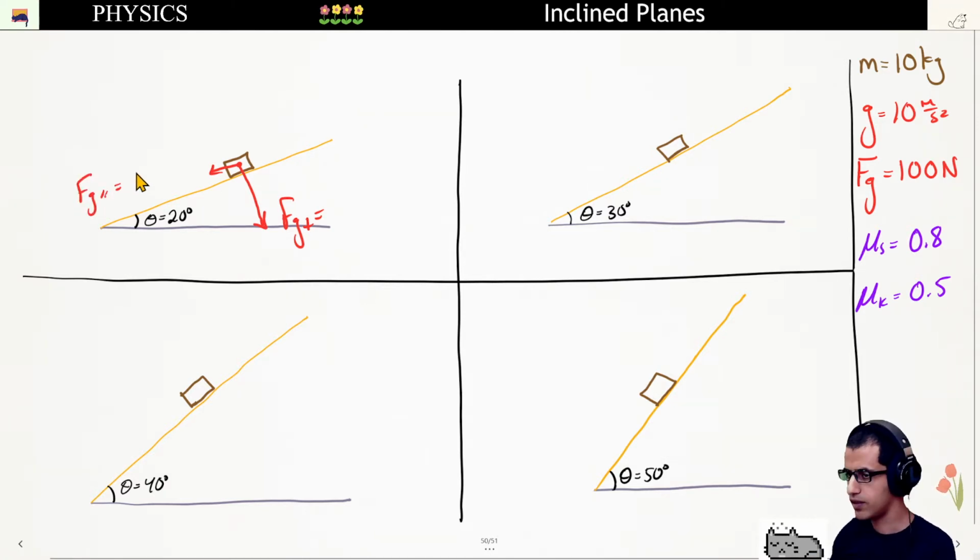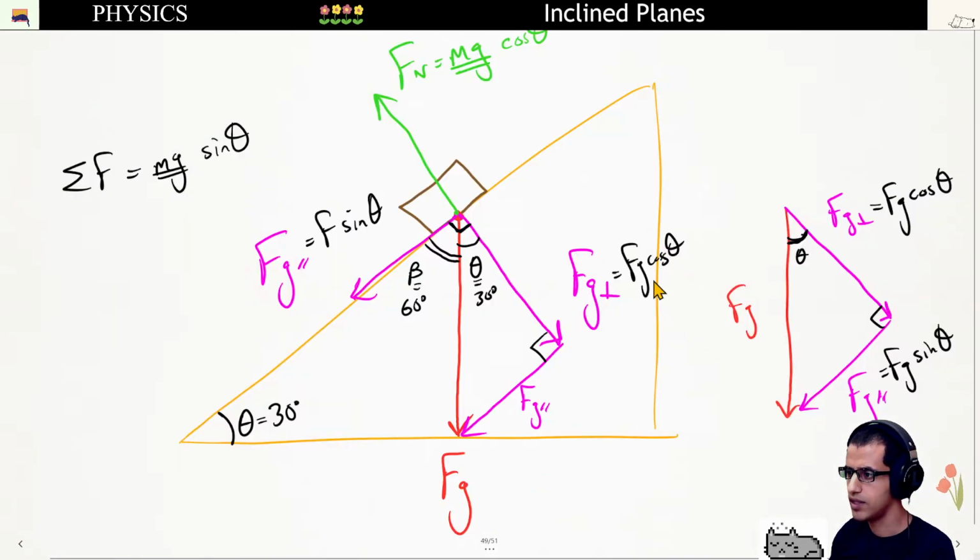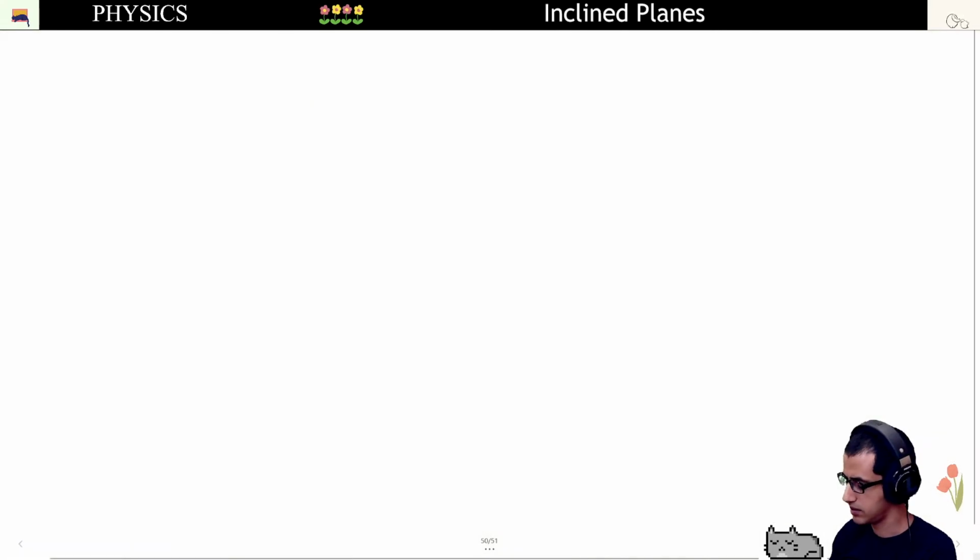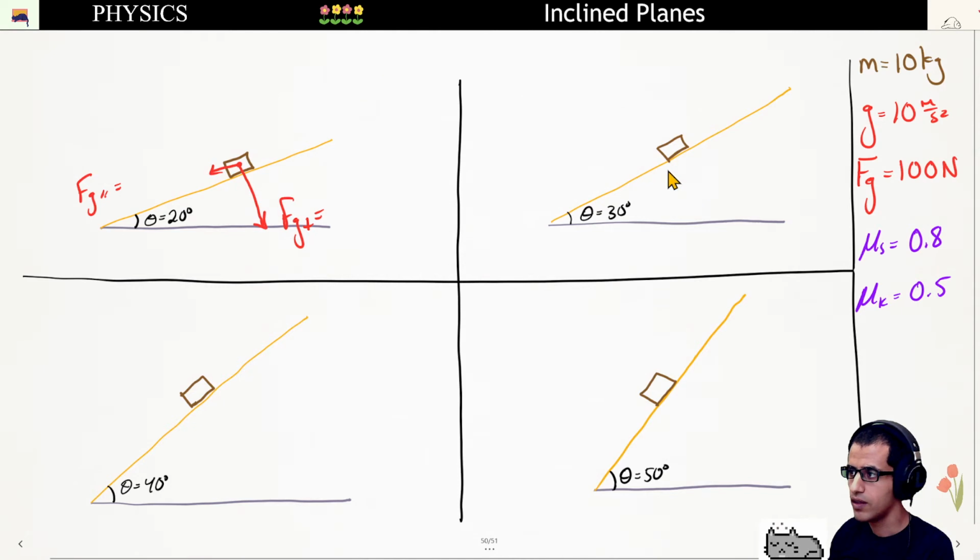And I can solve for those using my calculator. We saw before that FG perpendicular is going to be the weight times cosine of the angle. So here, the weight of my block is going to be 100, and the angle is 20. So 100 cosine 20 will give me my perpendicular component.